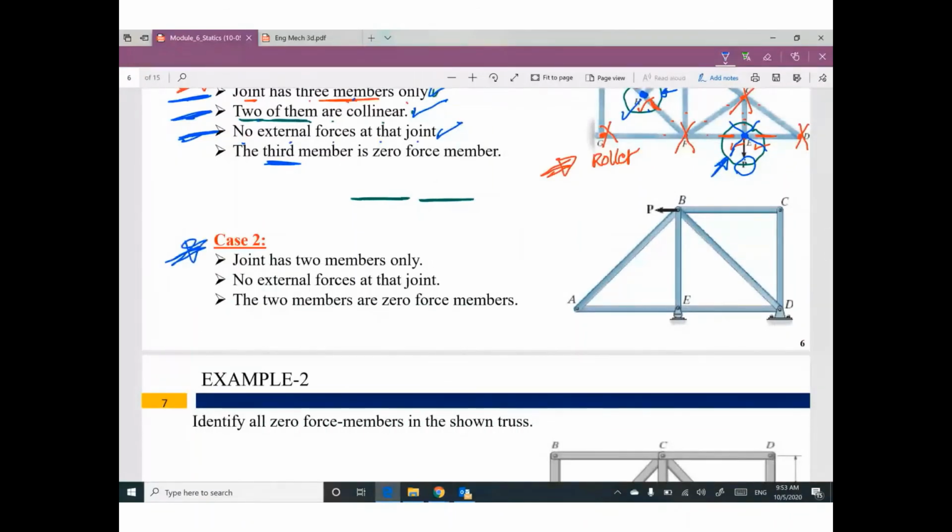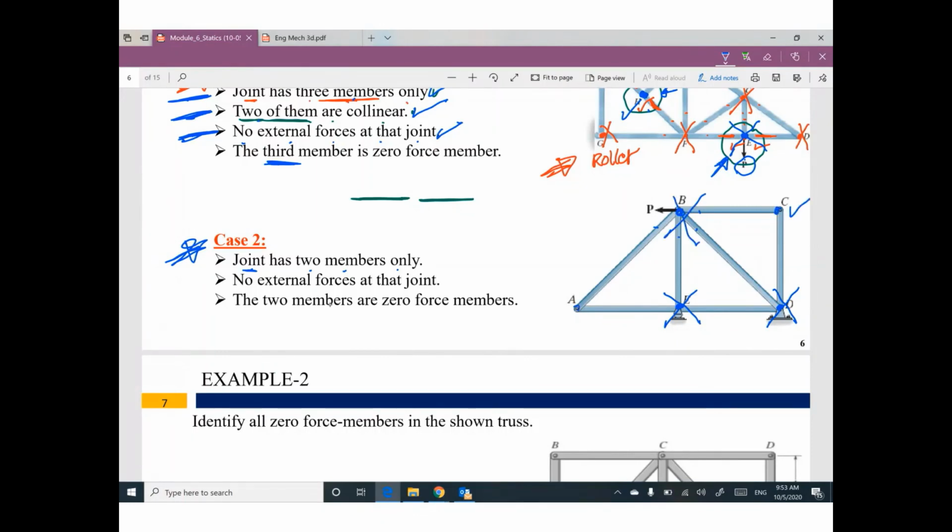we are looking for joint with 2 members only. Do you think this joint has 2 members only? No. 2 members? No. 2 members? Yes. 2 members? Yes.